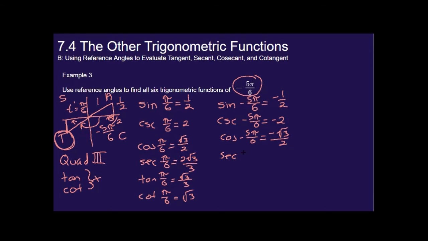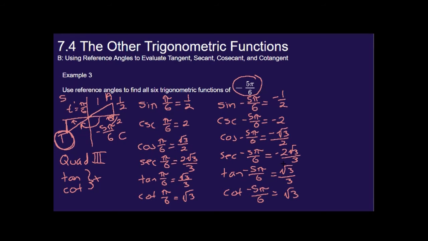Secant of negative 5 pi over 6 is the same value but negative: negative 2 square root of 3 over 3. These ones are positive, so we do not change them. They stay positive. Tangent of negative 5 pi over 6 is equal to square root of 3 over 3, and cotangent of negative 5 pi over 6 is equal to square root of 3.